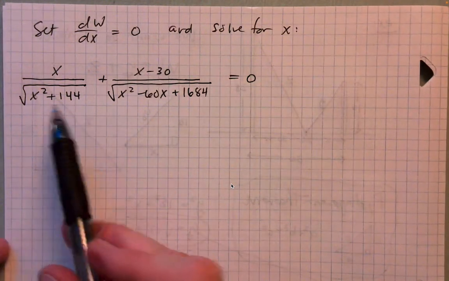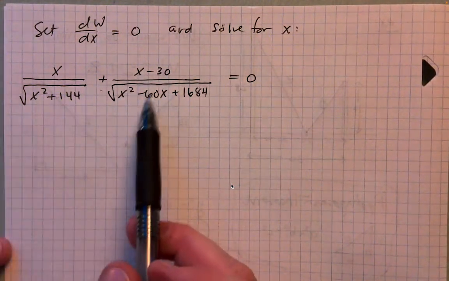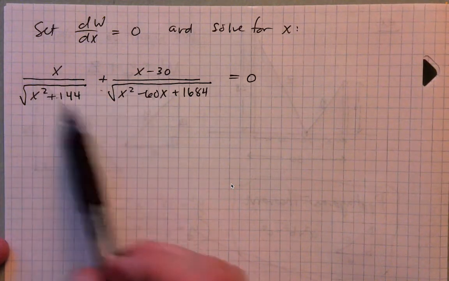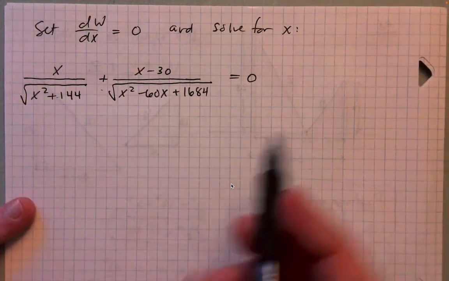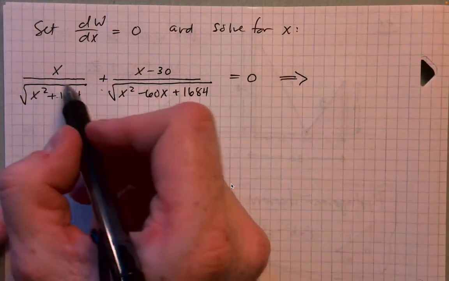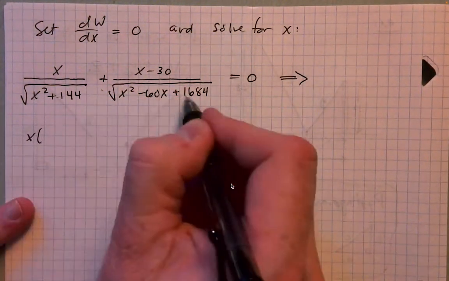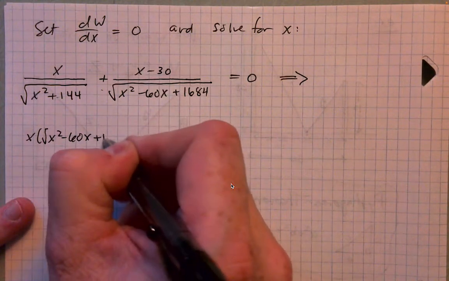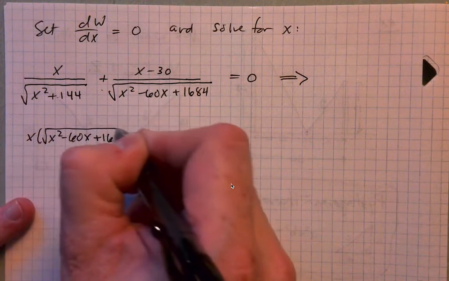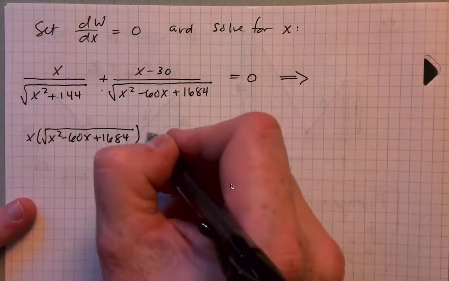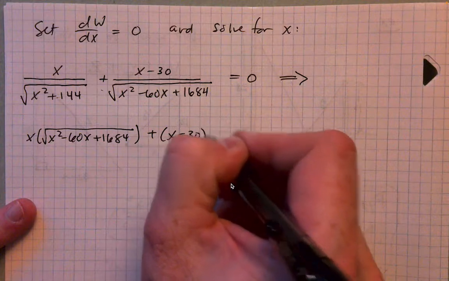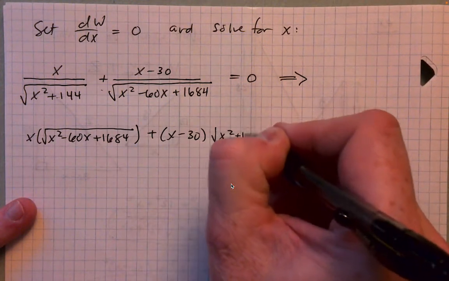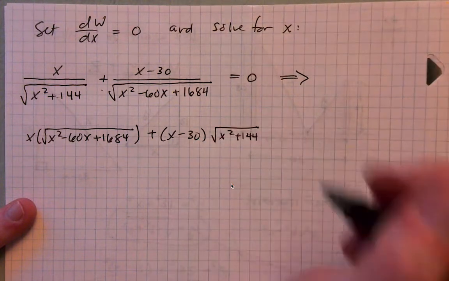Right, so basically, because this is a sum, you can't just multiply both sides by this. You can do that, but first you have to get a common denominator and make this a single term over here. And so that's where it gets a little messy. So basically, it's going to be x times this, like so, plus x minus 30 times this, like so.